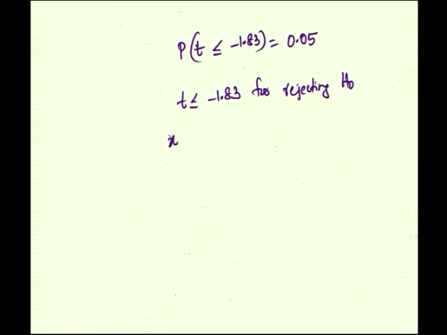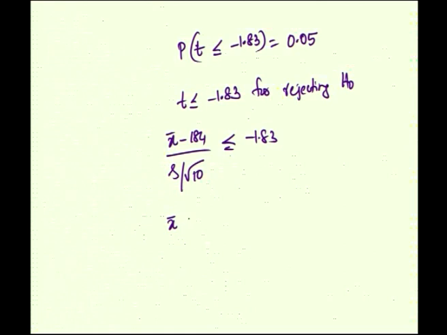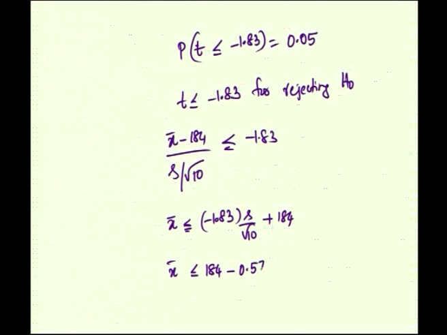Okay, t means x bar minus 184 by s by root of 10 is less than or equal to minus 1.83, or we say that x bar is less than or equal to minus 1.83 into s by root of 10 plus 184, or we say that x bar is less than or equal to 184 minus 0.5787 s.